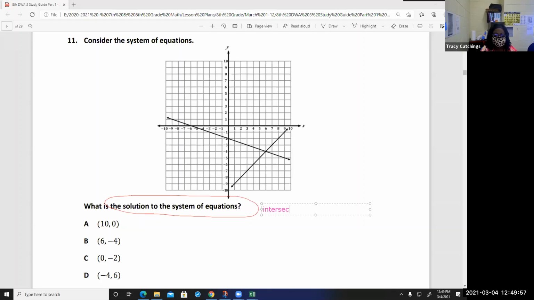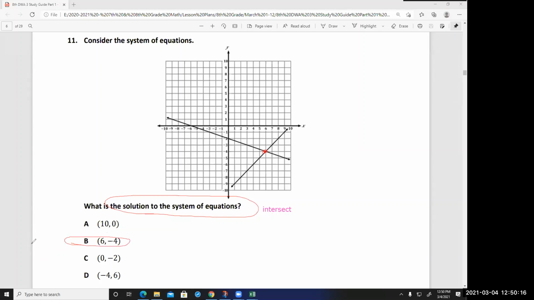So anytime they mention a solution to a system of equations, if they give it to us on a coordinate grid, we just want to look at where they intersect. And looking at this graph, what would be the point of intersection? Good job, Rebecca. 6, -4.